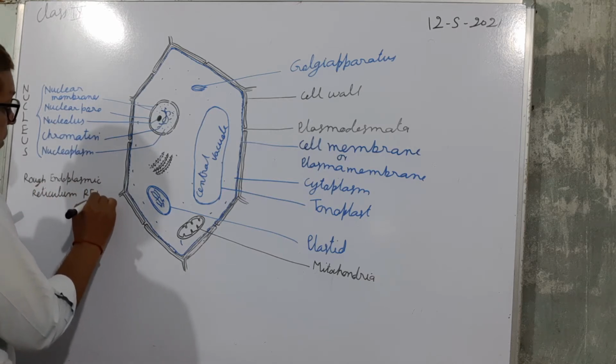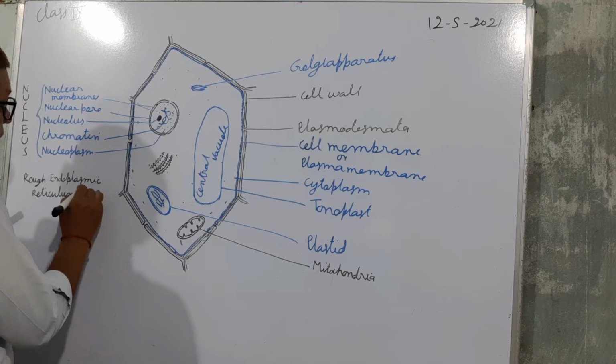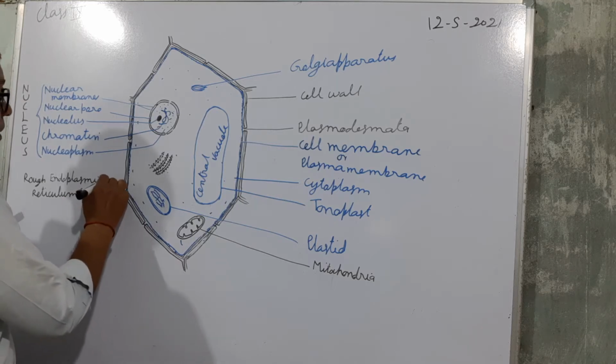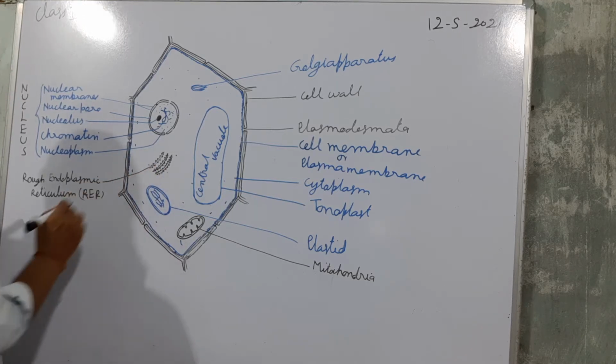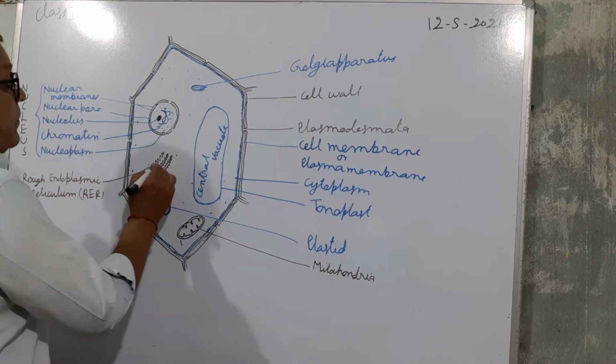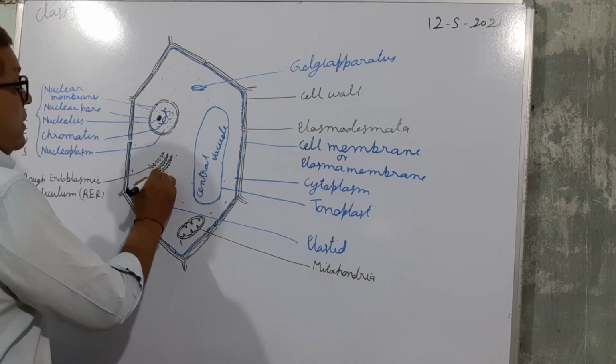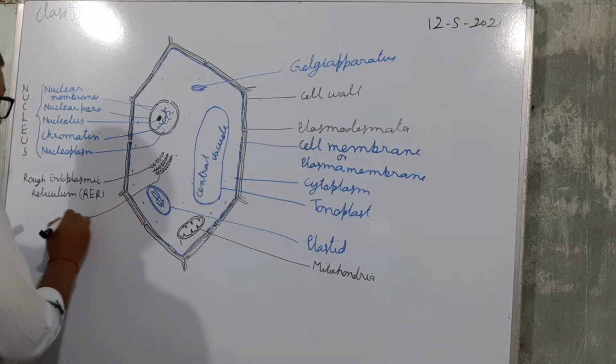Rough endoplasmic reticulum. Inside it is written as RER. This is rough endoplasmic reticulum, and these are the ribosomes.